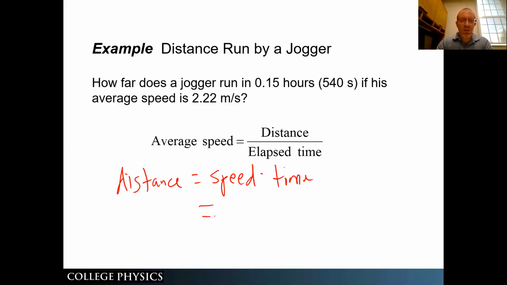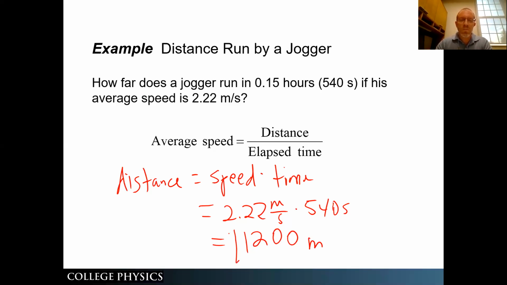And that is, let's see, 2.22 meters per second times 540 seconds is going to give us a total distance traveled of 1,200 meters. All right, there we go. So that's the total distance the jogger travels.